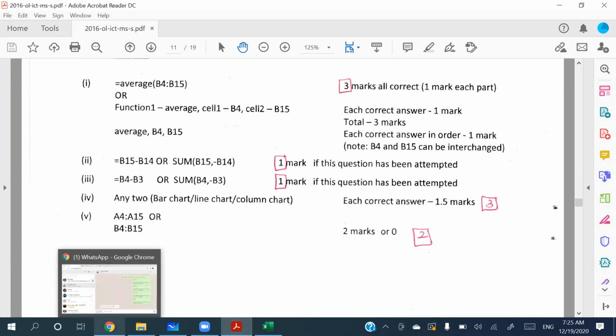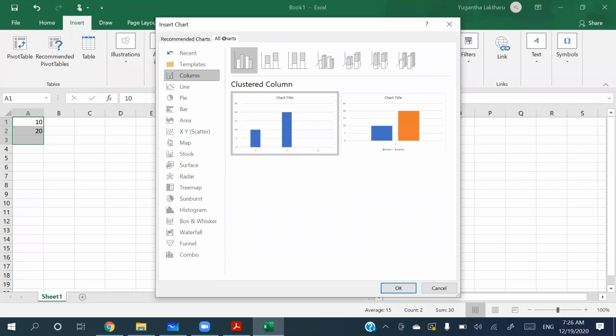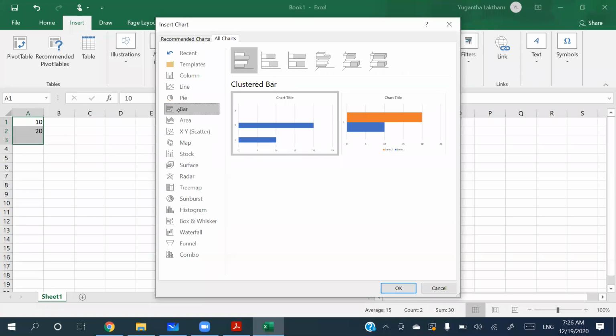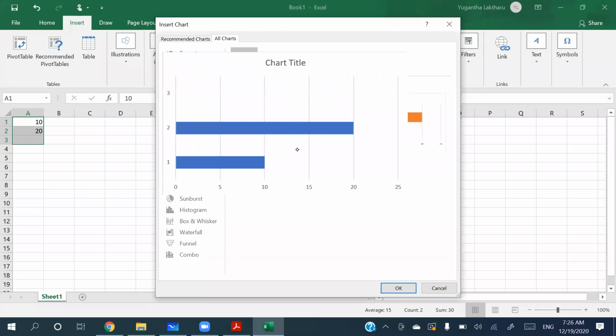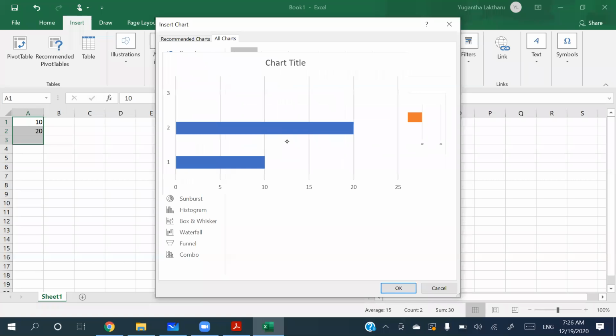Like if you are going to use a different type, look at this. When it comes to the bar chart, the column chart, it's going to be like this, and here they don't have, yeah, hold on. When it comes to the bar chart, the x axis shows the figures, here it shows the figures.